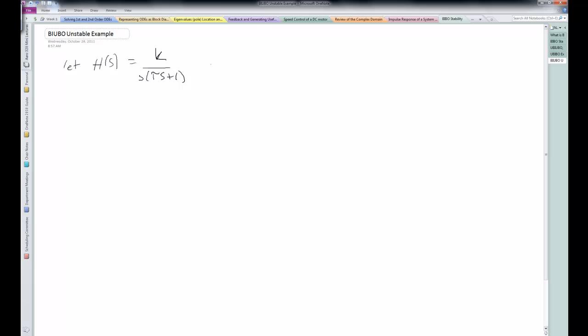Again, this is marginally stable, or neutrally stable, because I have a pole at 0 and at minus 1 over tau. If tau is positive, then this pole is stable, but the pole at 0 is on the j omega axis, so we would say this is marginally stable.